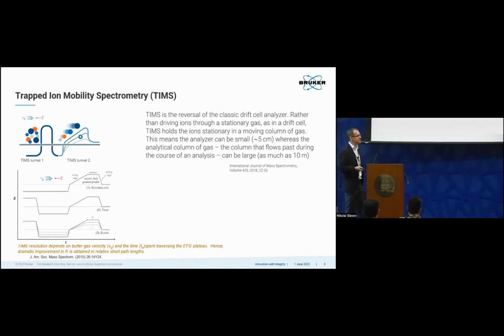What this means is that the analyzer space can be very, very small, but the amount of gas we push against it means that we can achieve effective drift cell lengths of about 10 meters with this device. And this is the equation that defines the resolution of the system in terms of this voltage gradient and the time spent traversing this plateau.